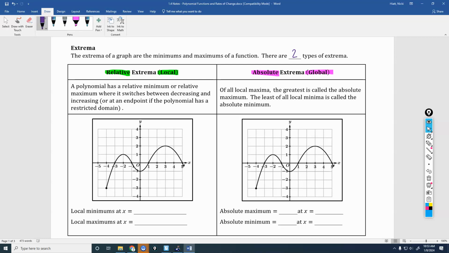So relative maximums are most of the time going to be the places where you switch from increasing to decreasing or decreasing to increasing. So, for example, right here would be a relative maximum point. Right here would be a relative minimum. And right here would be a relative maximum.